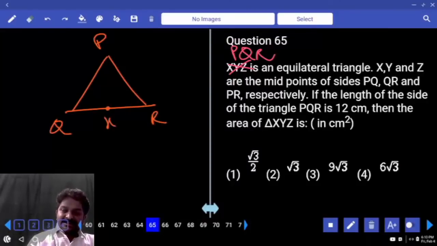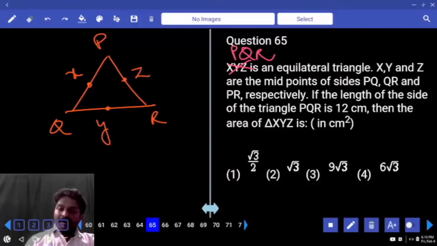This is X, this is Y. If the length of the side of the triangle PQR is 12, then find the area of XYZ.